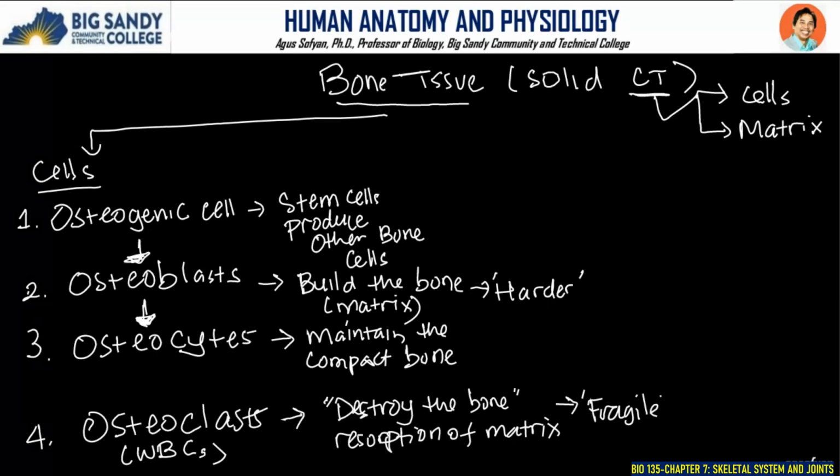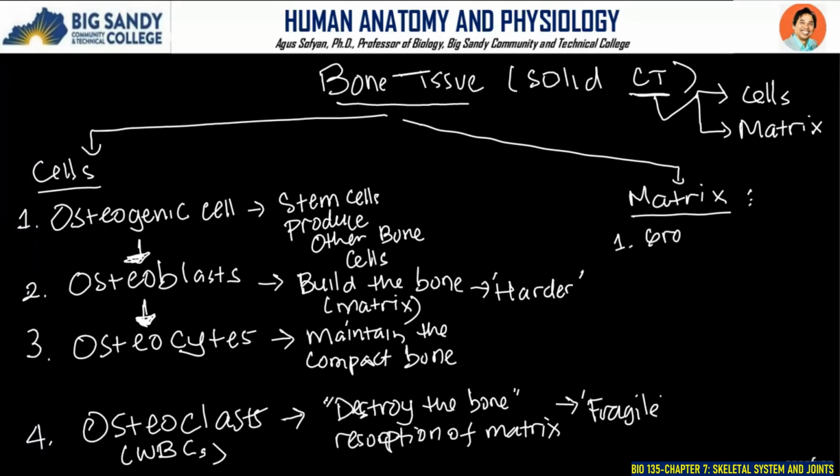Now the matrix. Okay, remember connective tissue consists of cell and matrix. The matrix of the bone tissue, remember matrix consists of ground substances, okay, and the fibers.